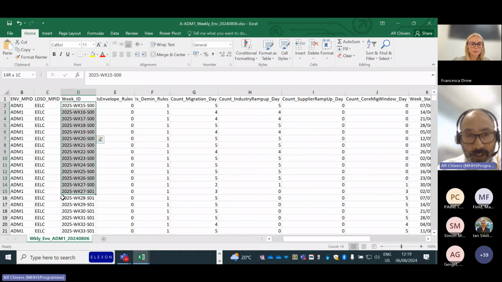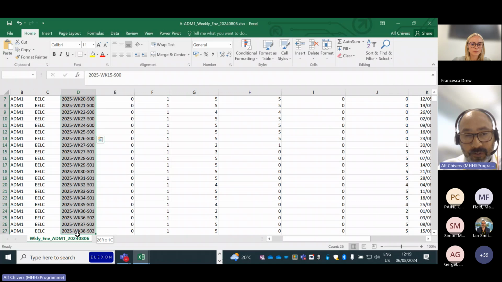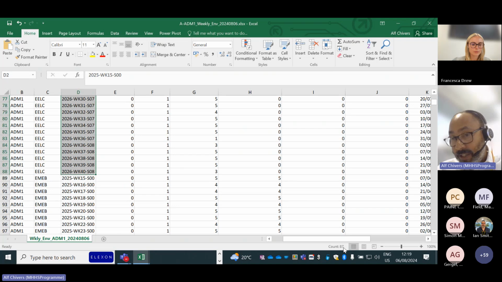So we can go through, and if I scroll all the way down for Eastern, what I can see when we get to it, there we go. That's all of the weeks that's required for Eastern, and then there's 87 because it's a SIT supplier that's going to be active for the whole of the migration period.